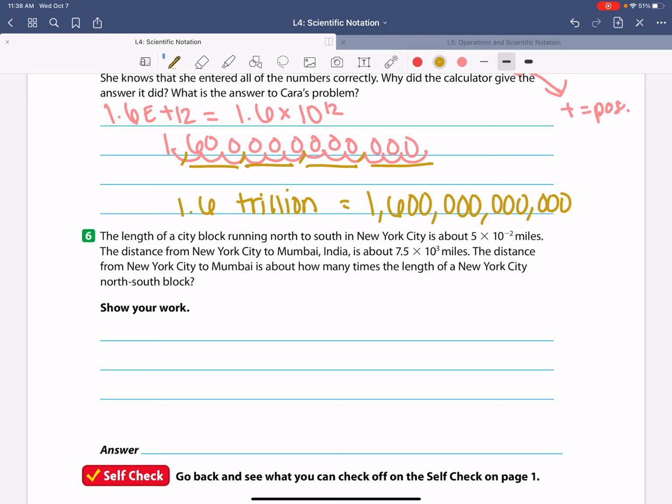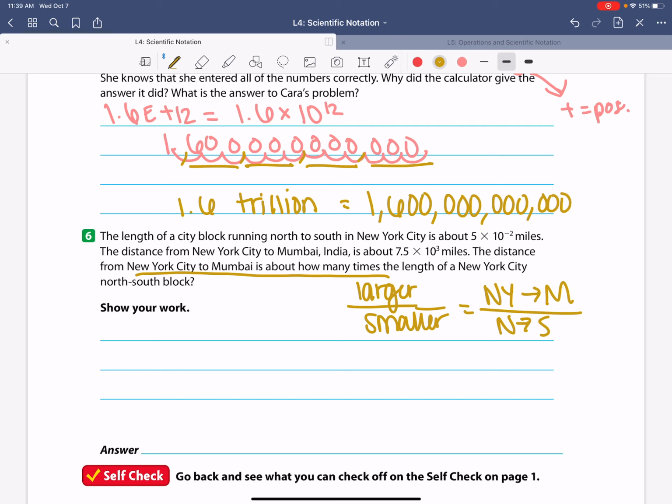Okay. So it said the distance from New York to Mumbai is about how many times? So that one's going to be the larger one over the smaller one, and that's going to be our New York to Mumbai over the north to south.